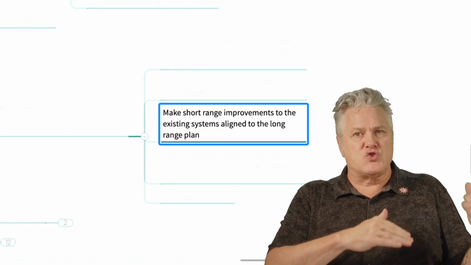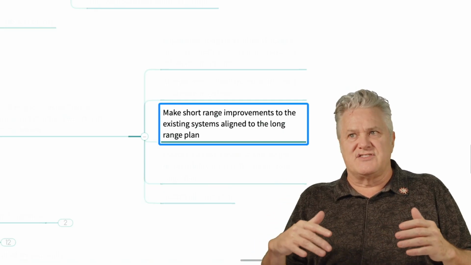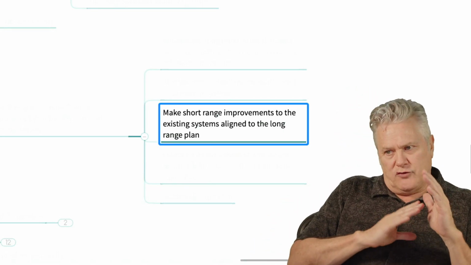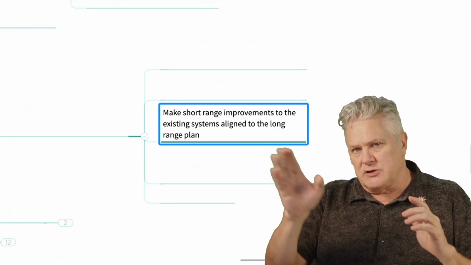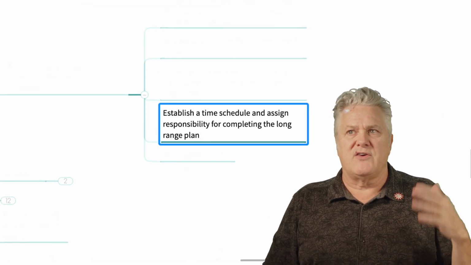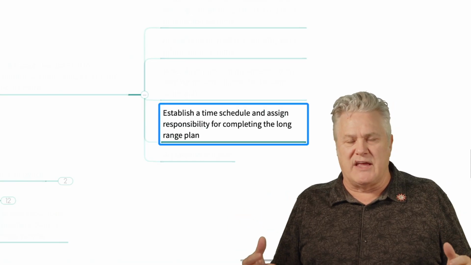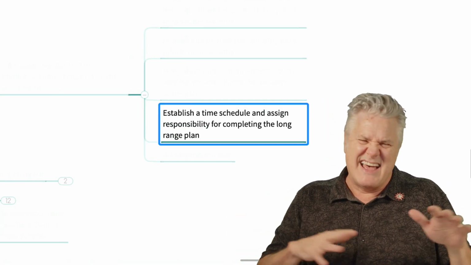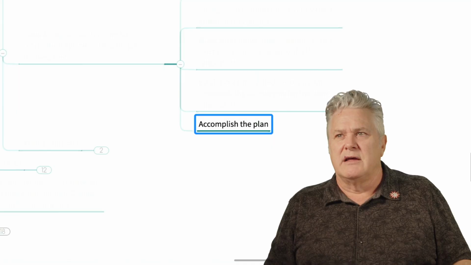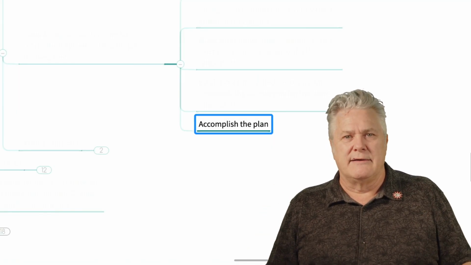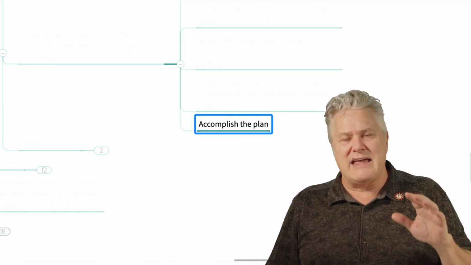We're going to make short-range improvements to the existing system that also align with the long-term plan. We're going to establish a time schedule and assign responsibility for completing the long-range plan, so we're going to find the people to go ahead and do this. It's more of a project management thing. And then we're going to accomplish the plan. That was the way that they talked about it.